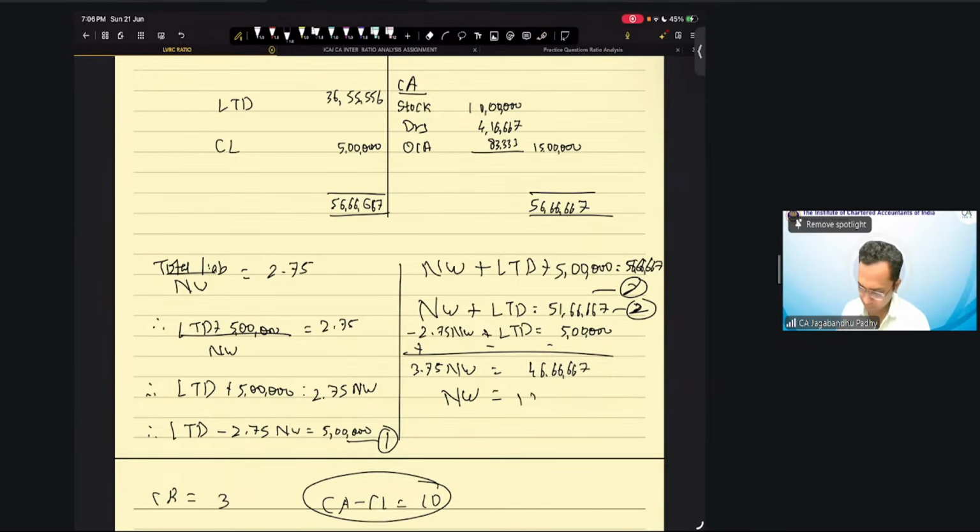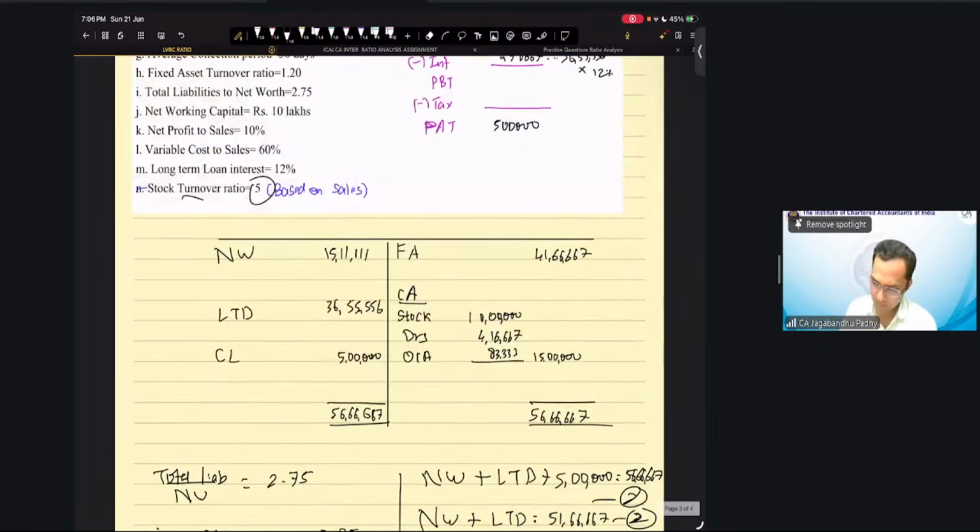It is 12 lakh 44,444. And then the long-term debt is 12,44,444 plus 5 lakh minus 56,66,667, so that's 39 lakh. Long-term debt is 39 lakh 22,223. This is the accurate one.